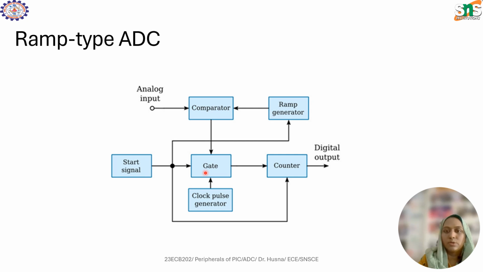The number of pulses accumulated in the counter during the comparison time interval is directly proportional to the amplitude of the analog input signal. The counter indicates the desired digital representation of the input signal.